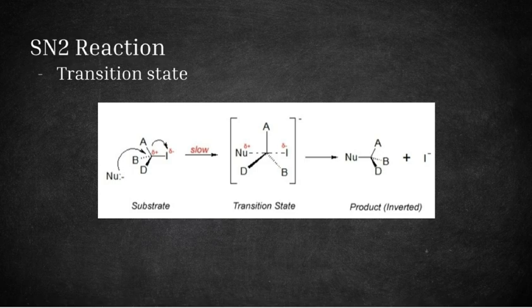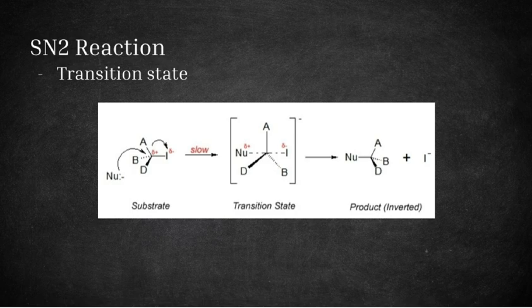The transition state reflects both the inversion of stereochemistry in the product and the reaction's sensitivity to steric hindrance. As the nucleophile attacks the electrophilic carbon from the opposite side of the leaving group, the stereochemistry inverts, producing a product with the opposite configuration. At the same time, bulky groups around the carbon hinder the nucleophile's approach, slowing the reaction.